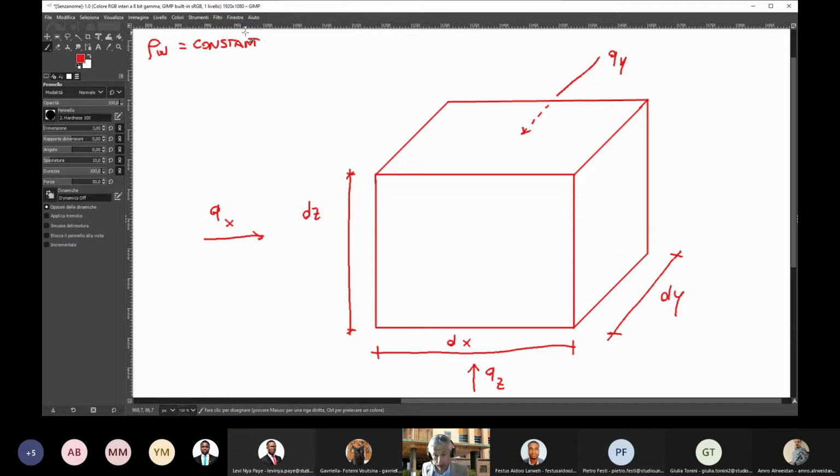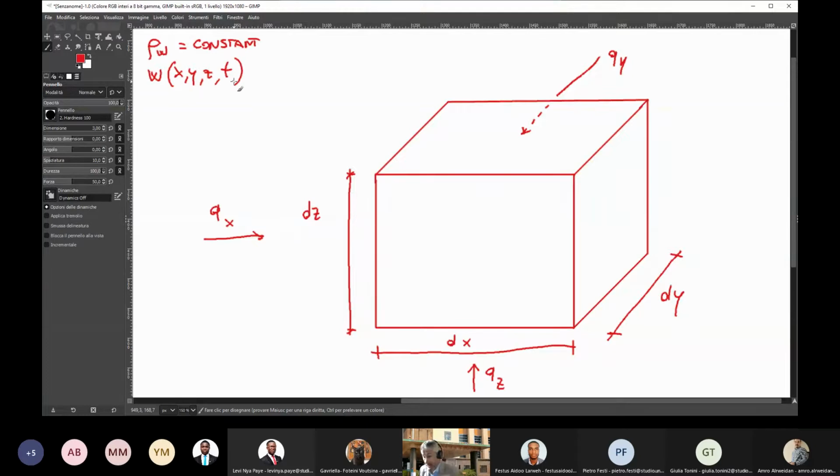Now, let's call the storage in the volume with the symbol W, which depends on what? It depends on the three spatial coordinates of this volume and depends on time. So, of course, the storage in this control volume depends on the three representative coordinates x, y, and z of the control volume, and depends on time.